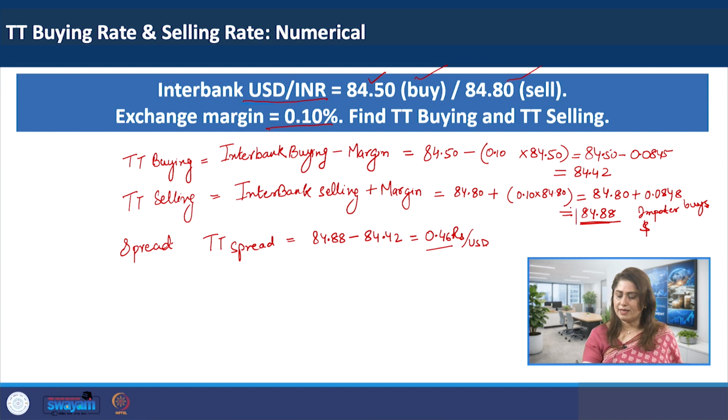So the bank sells at this TT selling rate. And this is the buying rate of the bank, the TT buying rate, and it is used when the exporter sells dollars. So this is the rate used. Hence the difference between these two will give us the profitability of the bank.